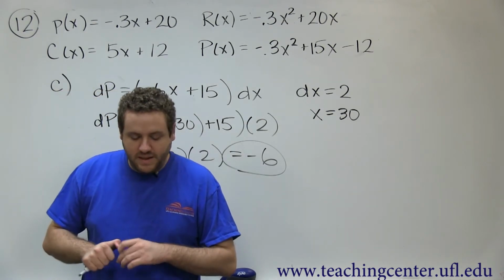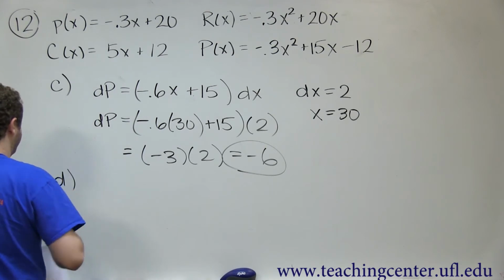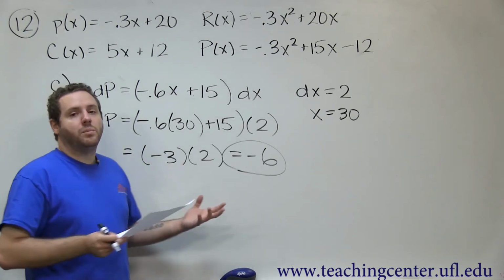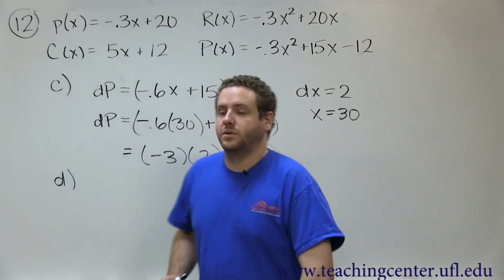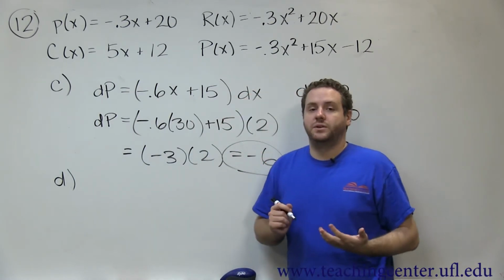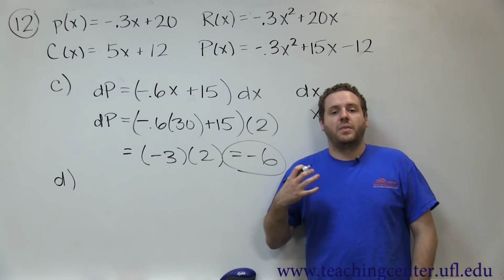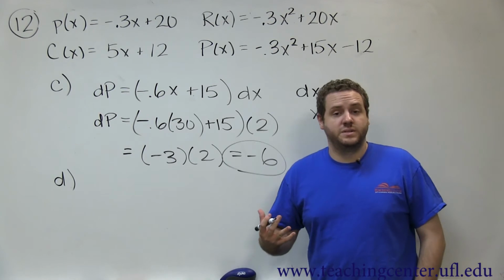So therefore, D, we can answer based off of that. Approximately then, what would the profit be of producing 32? Well, it went down 6 from producing 30 units. And if you remember from the previous video, part B, we figured out that the profit of producing 30 units was 168.